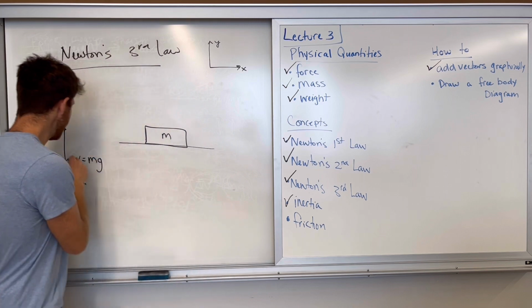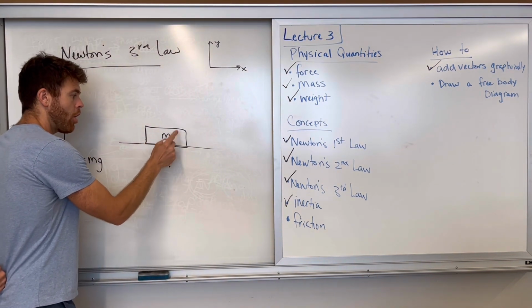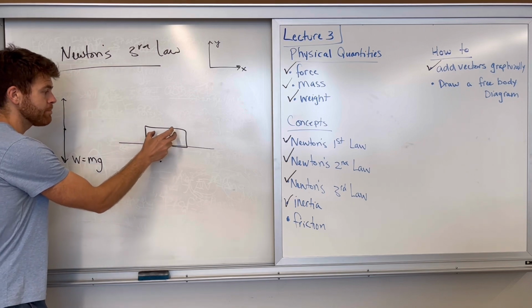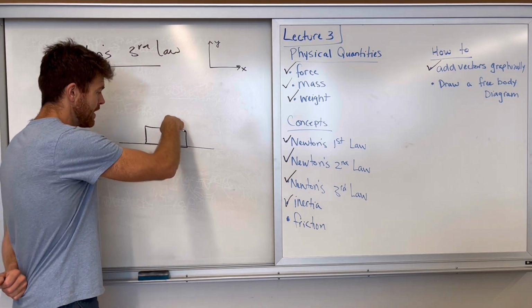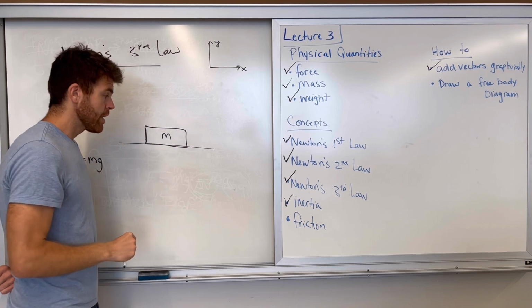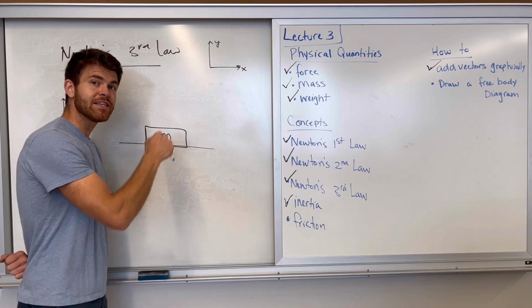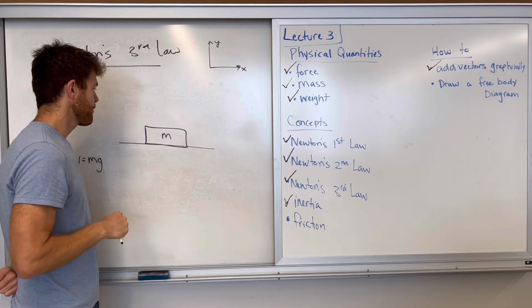Now, in this free body diagram, it's important to note that we're only drawing the forces that act on the object of interest. So it's only this block. So yes, this block exerts a force down on the surface, but we don't draw that force because that's a force that the block itself is exerting, not a force being exerted on the block.